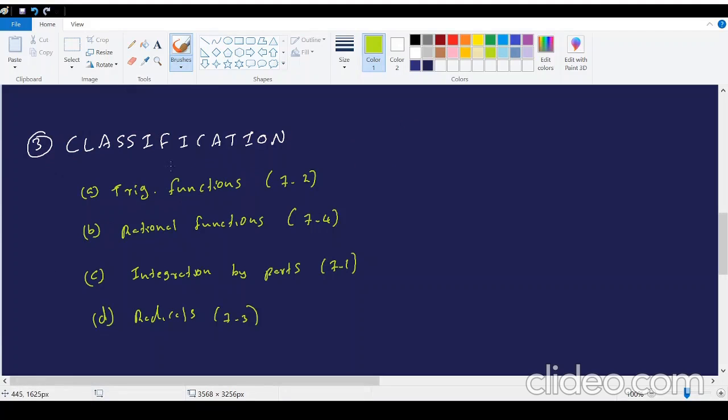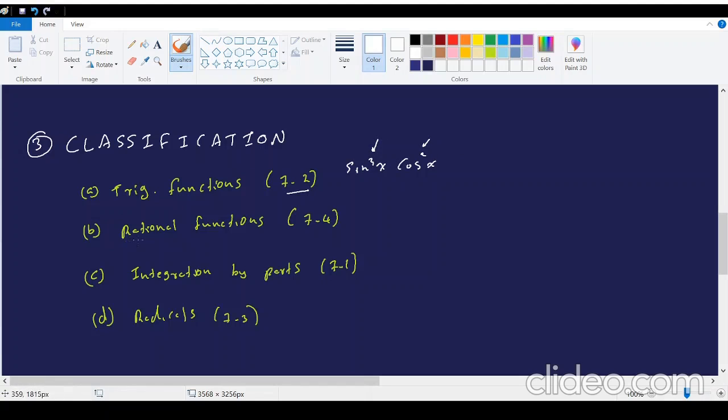If we have an integral with trigonometric functions, something like this, we can use the techniques that we did in section 7.2. Remember, we check whether these powers are odd or even, and then apply the results accordingly.